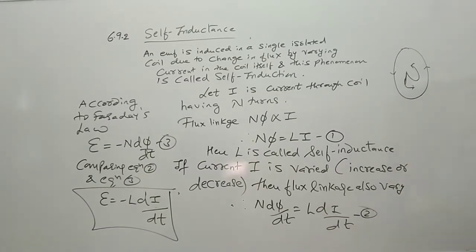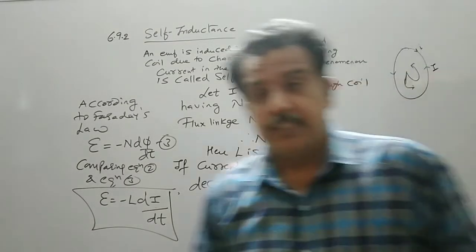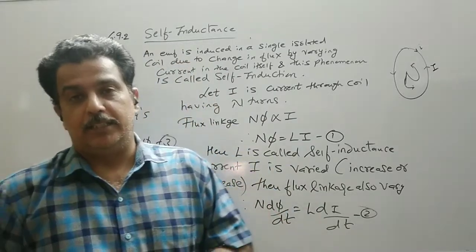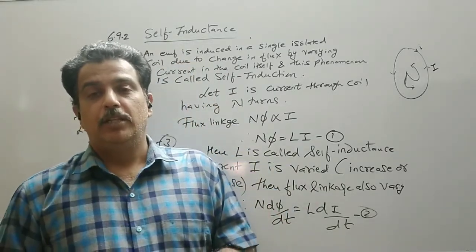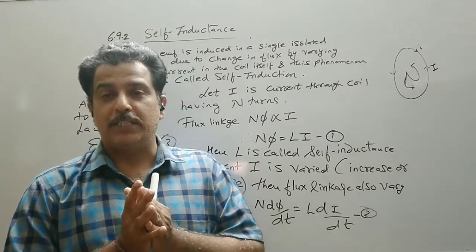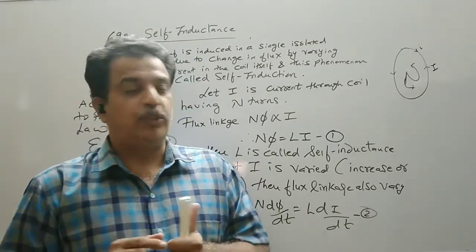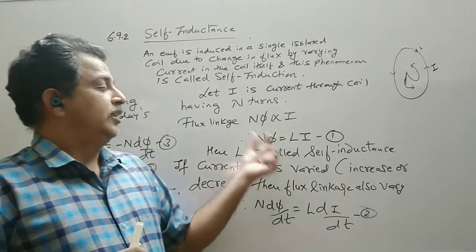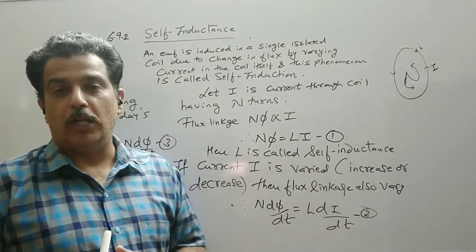But there will be an induced current. This is our applied current. There is an induced current which will try to oppose this increase in the current. So self-induced EMF will only come into the picture when you try to vary the current in the coil.